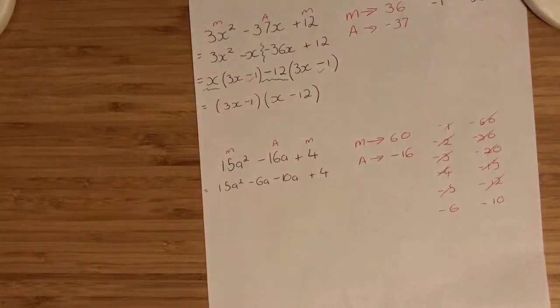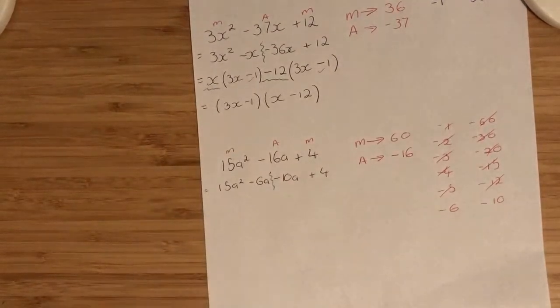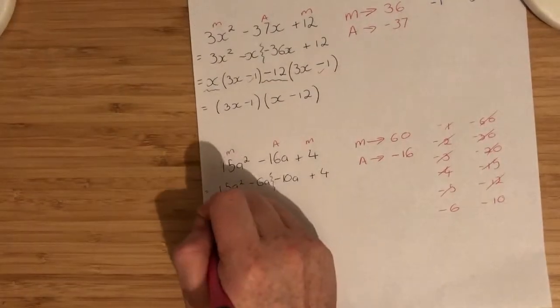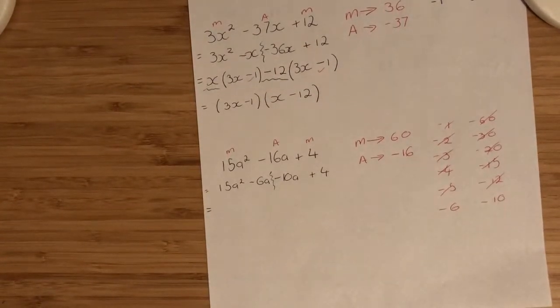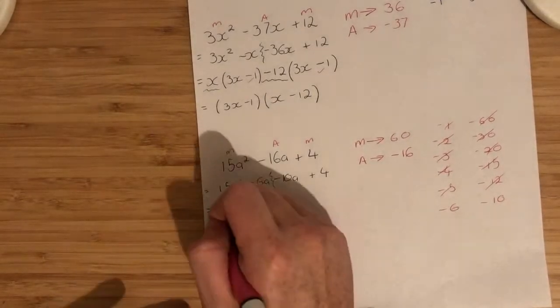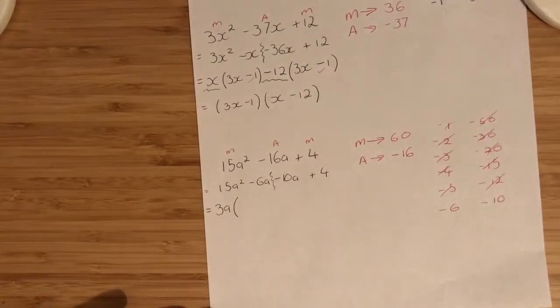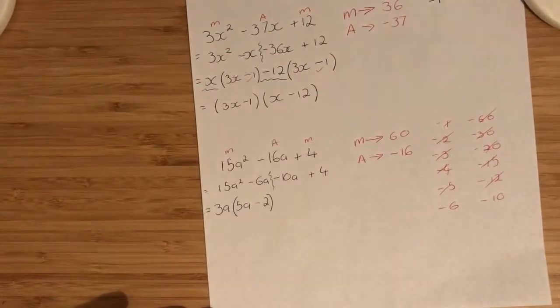Split it in half and take out the highest common factor. 15a squared minus 6a. Highest common factor would be 3a. So we take 3a, open the brackets, 5a minus 2.